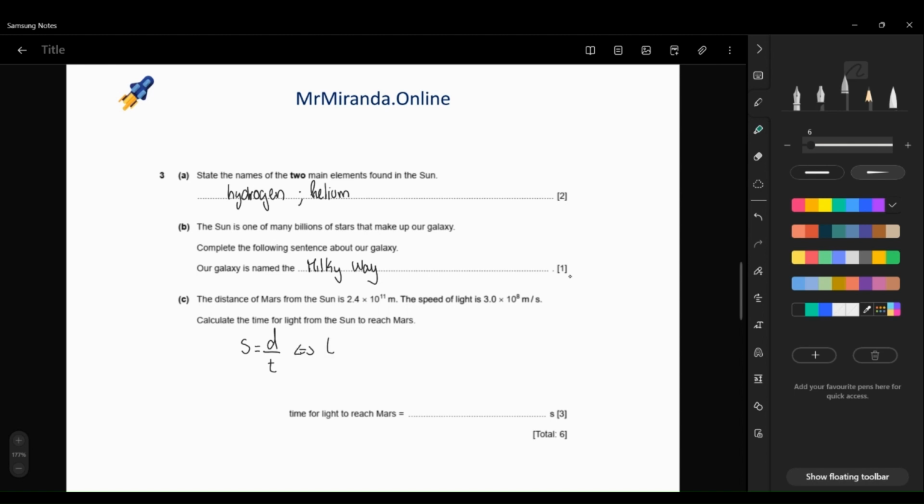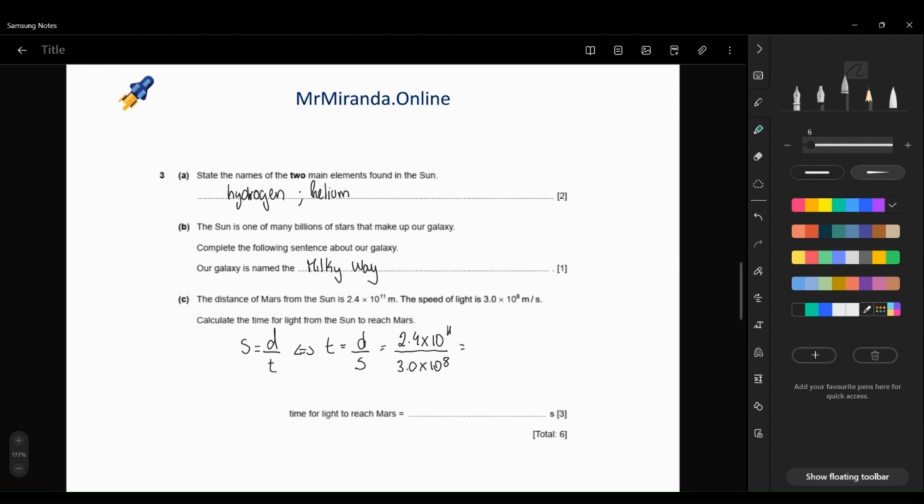Solved here in terms of time, the time is going to be equal to the distance divided by the speed. Substituting the values, they are all in international systems, so you don't need to worry about that. For the distance, you just put 2.4 times 10 to the power of 11. For the speed, you just put 3.0 times 10 to the power of 8.